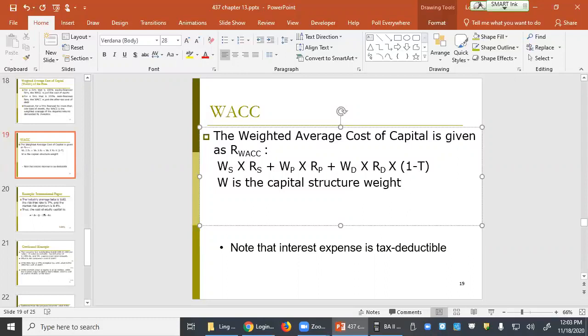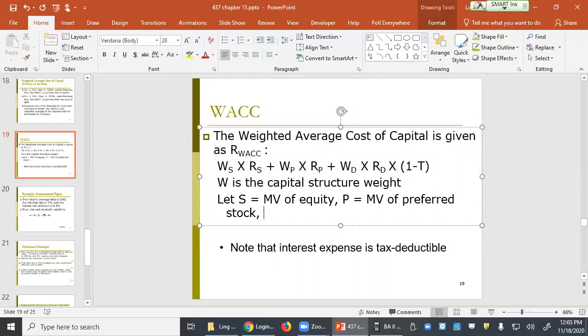In order to calculate your capital structure weights, we need to talk about a few more notations. We're going to let S equal the market value of equity. P, this is not subscript P, but capitalized P, equals the market value of preferred stock.